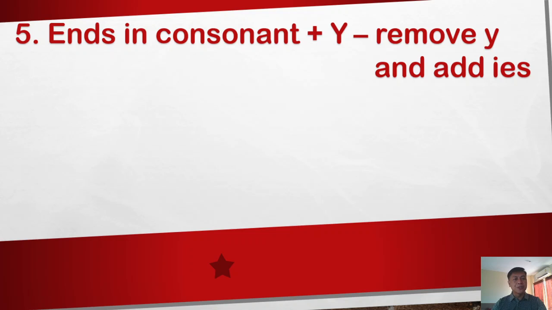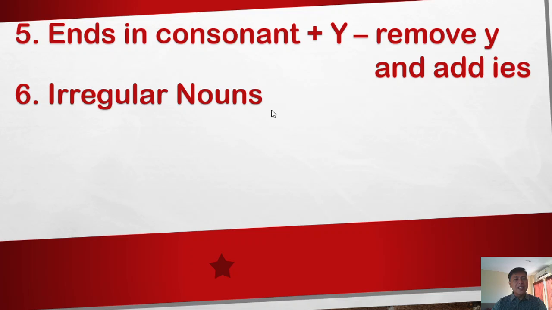Consonant plus Y, you remove the Y and add IES. Number six is the irregular nouns. If you are confused, just browse the internet. A lot of words will come out as irregular nouns, so you can see their plural forms.